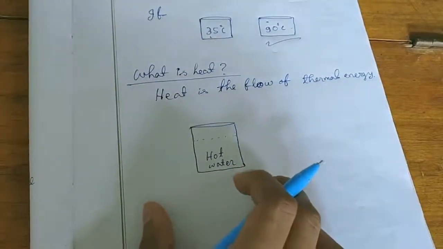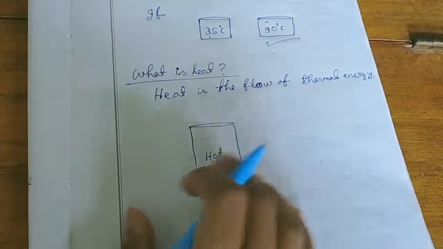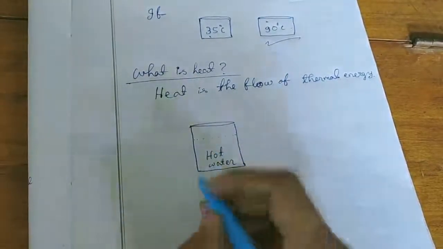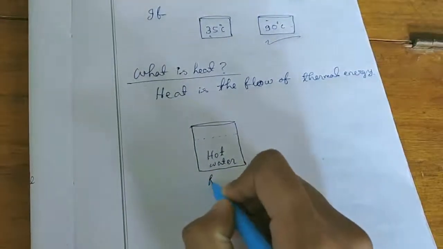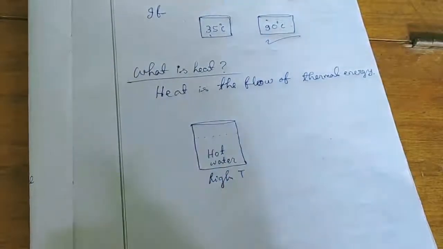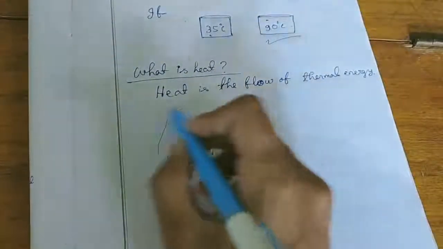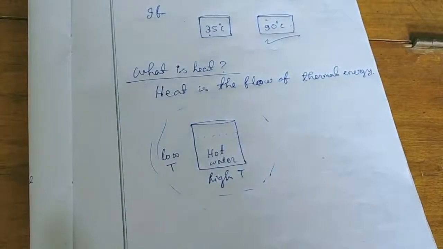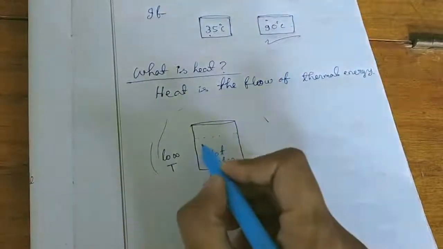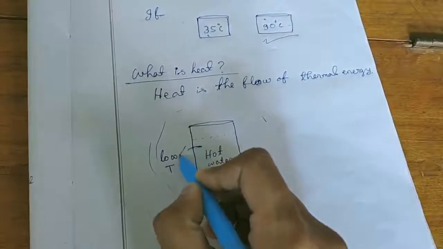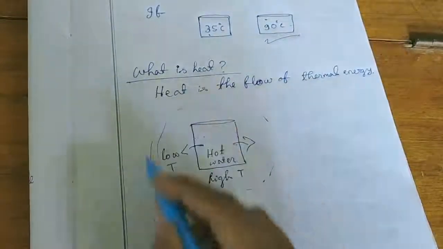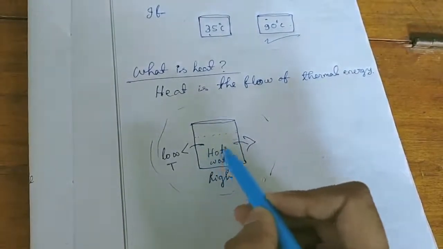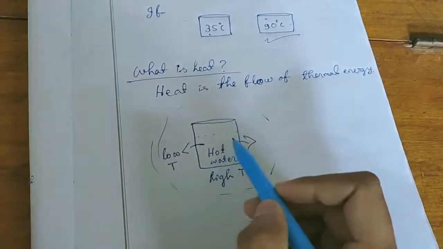Now if you place it outside or keep it in your room, the hot water, which has a high temperature, and the surrounding air, which has a low temperature, so heat will transfer from here to the surroundings because the surroundings have less temperature, and the water inside the glass will become cold.